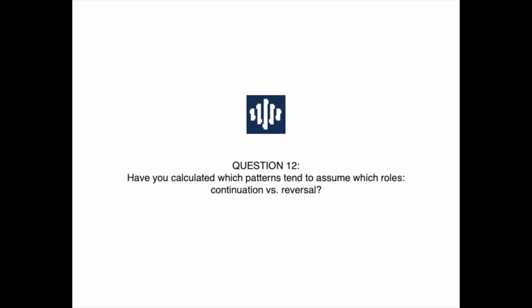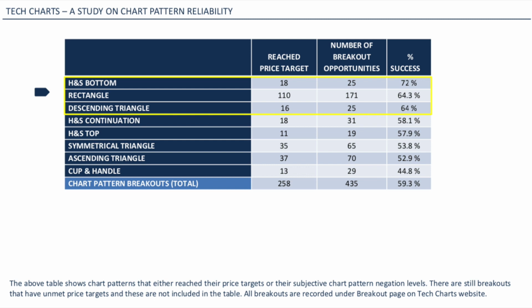Have you calculated which patterns tend to assume which roles, continuation versus reversal? Ascending, first of all, cup with handle is for sure a continuation. It is not a reversal. Cup with handle doesn't happen at the bottom or at the top. Head and shoulder continuation is a continuation.